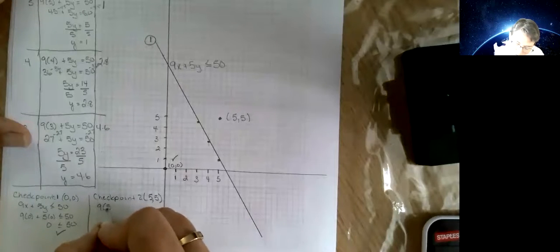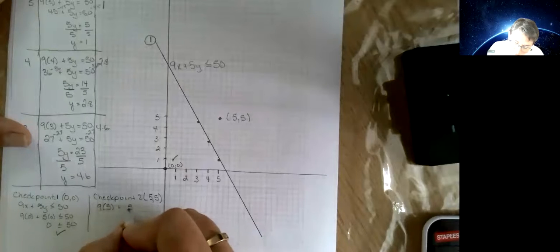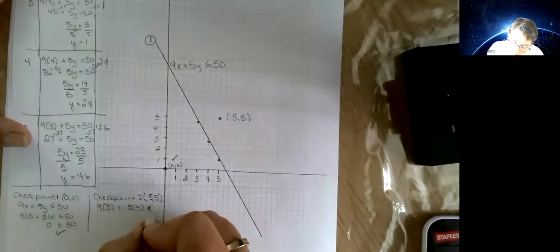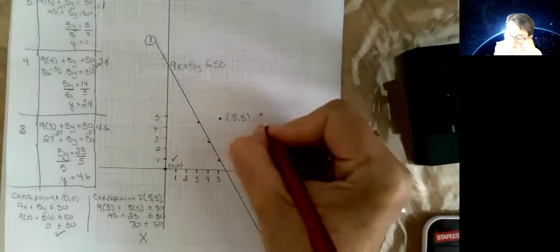So 9 times 5 plus 5 times 5 is less than or equal to 50. I don't know, but it's not. That's 45 plus 25. It's already too much. Oh, it's going to be 70. It's less than or equal to 50, which is like no. So this is no.